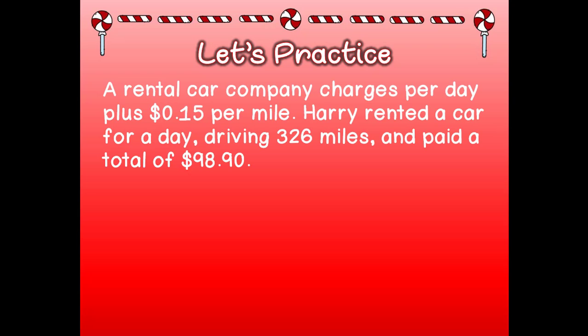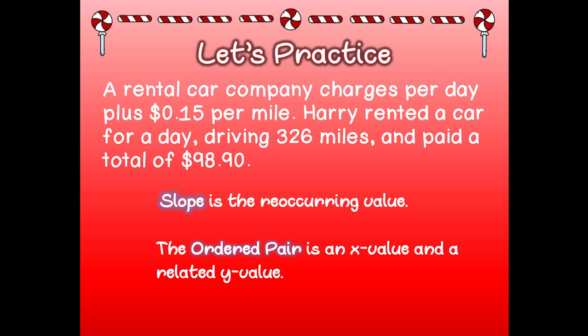A rental car company charges per day plus 15 cents per mile. Harry rented a car for a day, driving 326 miles and paid a total of $98.90. So we want to look for the slope, which is our reoccurring value. You pay 15 cents per mile, and then you also pay a certain fee one time for the day.